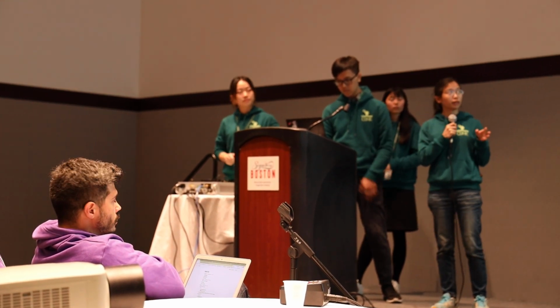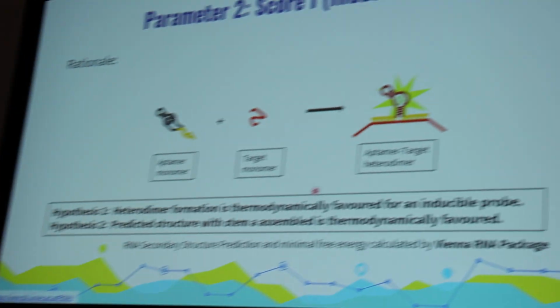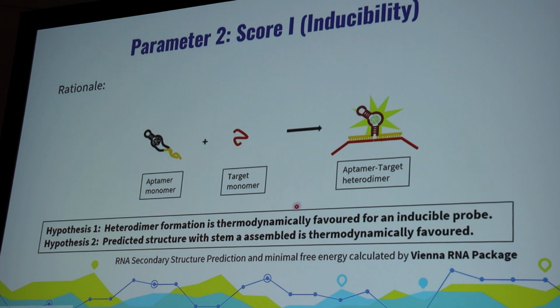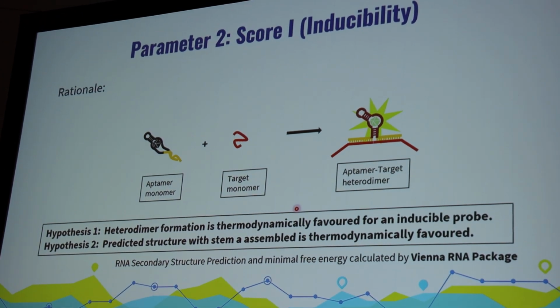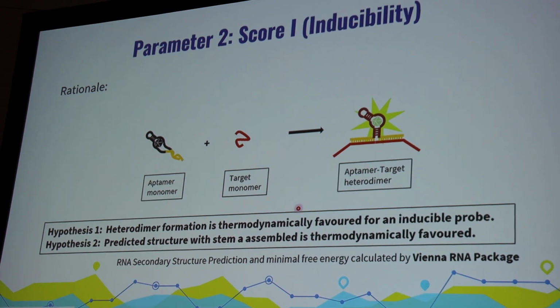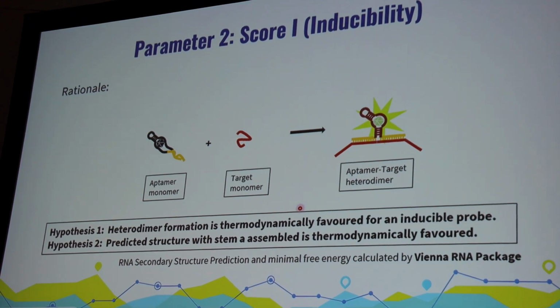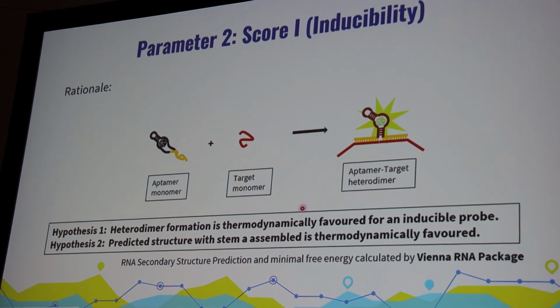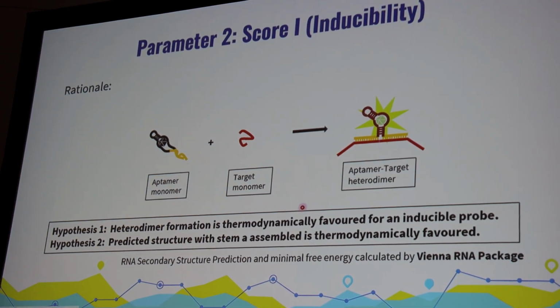And for the next parameter, which is the inducibility, we've considered the thermodynamics between the monomer and the heterodimer forms. So we've checked the parameters related to the thermodynamics, for example, the density value of all these components by the Vienna RNA package, which is another bioinformatic program.